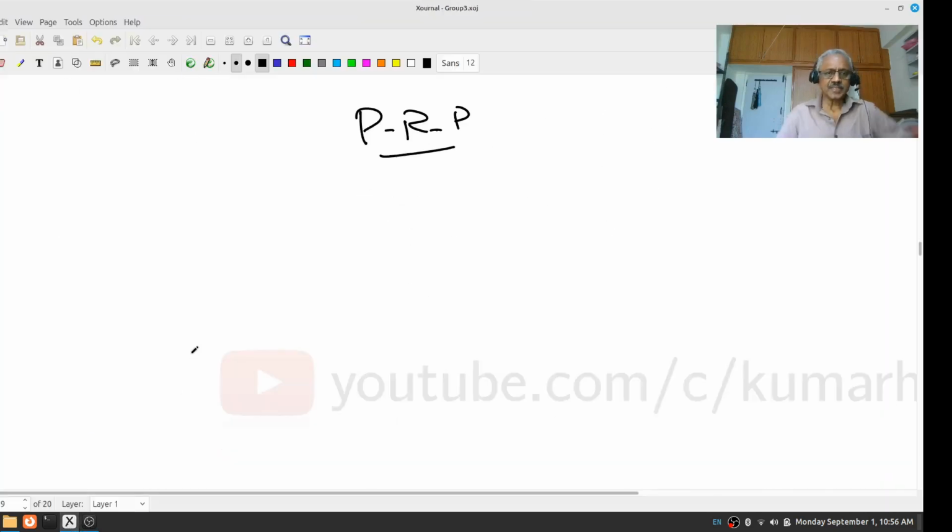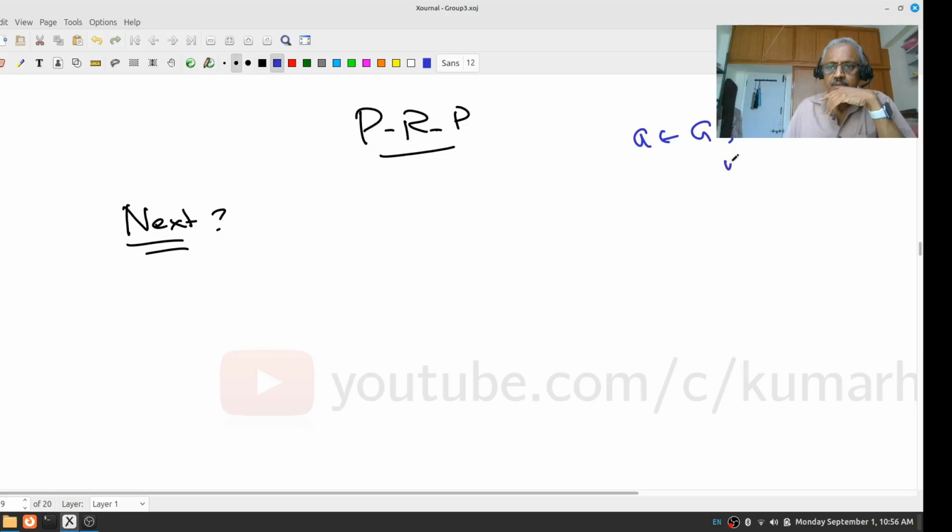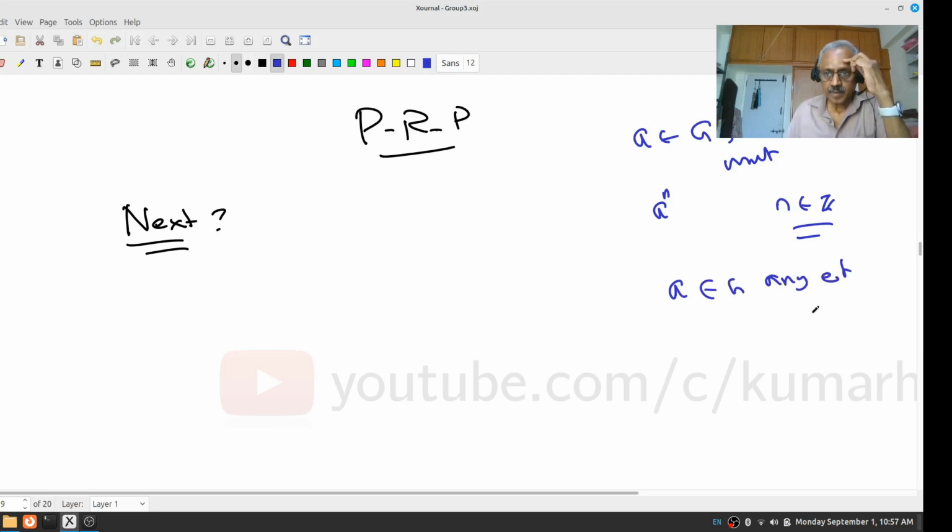So what should be the next thing now? Next should be what? Now you remember, if a is a unit in a monoid, then we define a to the power n for every integer n. Now remember, for any element and n a non-negative natural number, we define a to the power n, and then we did the law of exponents.